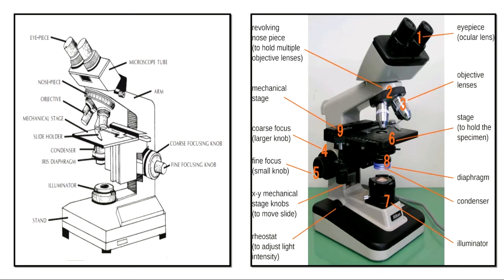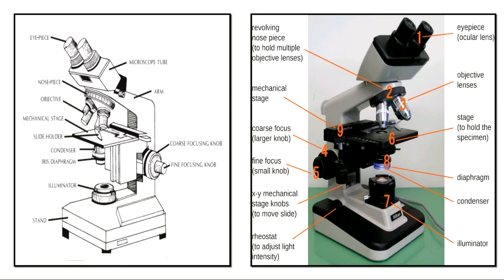So the person with the specs will find focus in a different way, and the person who is not wearing specs will find focus at a different angle, right? So four is coarse focus, for gross adjustment of the slide. Fine focus means very minute details which you want to see, so you have to use the fine focus. Okay. And six is the stage to hold the specimen, right?